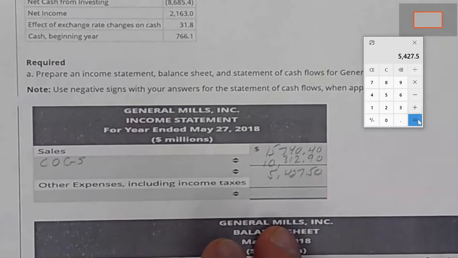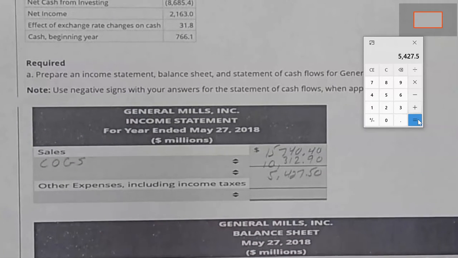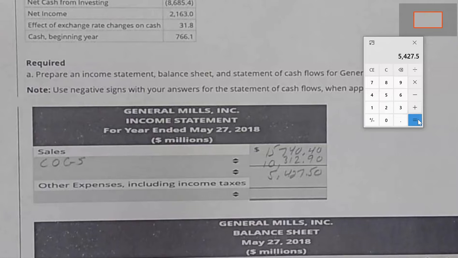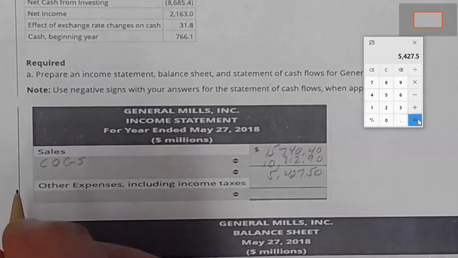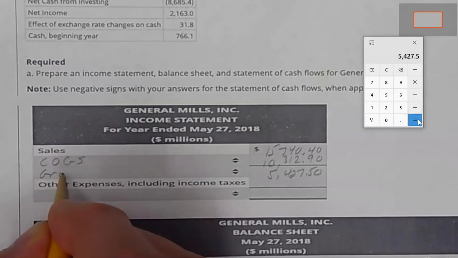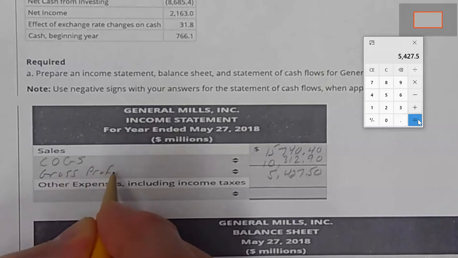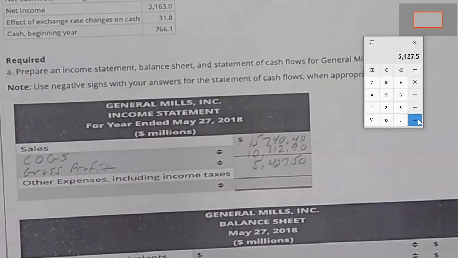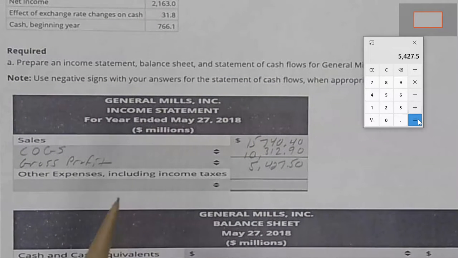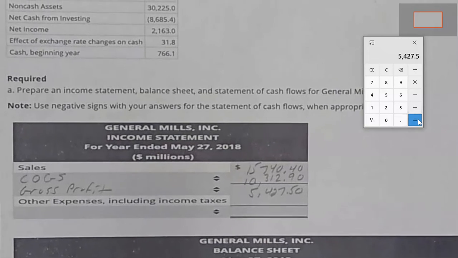And what is that though? This is one of the items that we did have to calculate, and this is what we've seen before, called gross profit. So we have gross profit of 5,427.5. The next item on the income statement is other expenses or operating expenses. This is an item that is probably going to be provided for us up top, so I'm going to look for that.